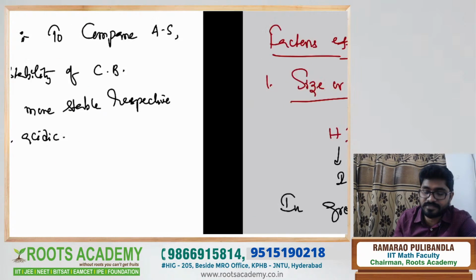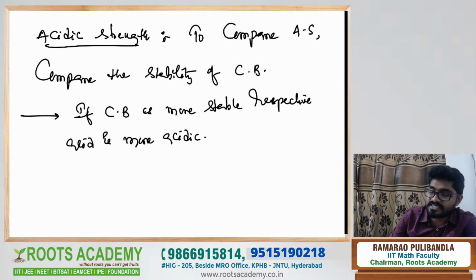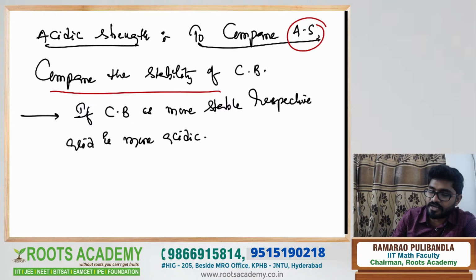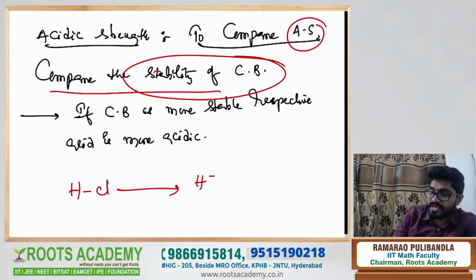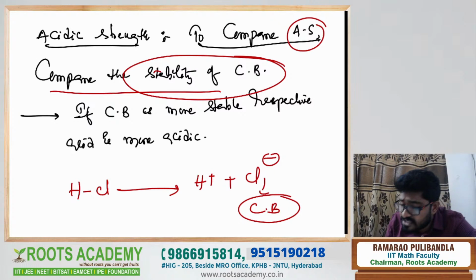See the main concept. To compare the acidic strength, need to compare stability of the conjugate base. What is the conjugate base? For example, HCl is there. After removal of the proton, H plus plus Cl minus. That Cl minus is called a conjugate base. If this conjugate base is more stable, respective acid is more acidic.